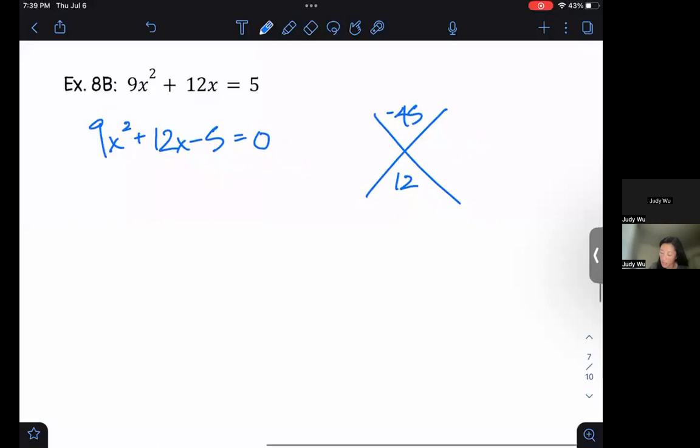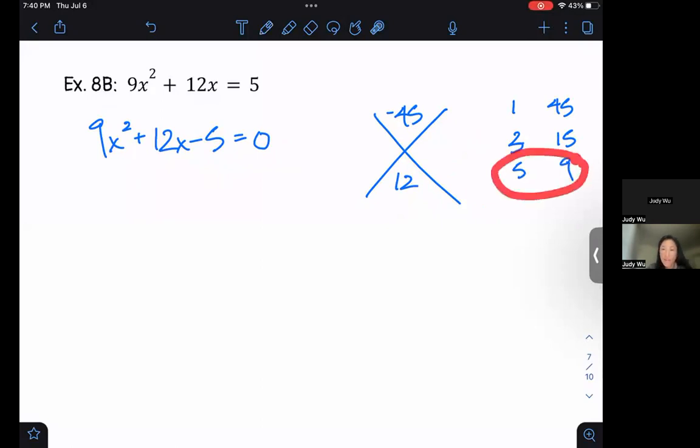Well, if the numbers get kind of big, what I like to do is write out a list of factors. So I know 1 times 45, 2 doesn't go into there, 3 times 15, 5 times 9. Now I bet most of us were thinking 5 times 9 and thinking you can't possibly get 12.